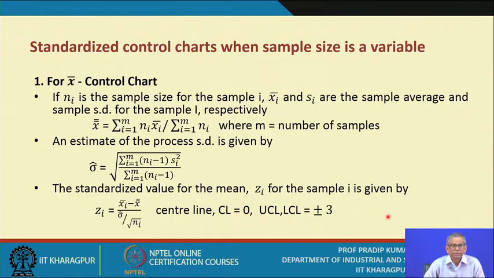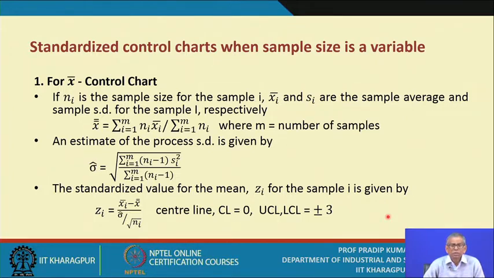If you recollect, when we discussed the control charts for variables as well as for attributes, we referred to a particular case, and that case is when sample size across the samples may be a variable. There could be many reasons. We have already highlighted those reasons.